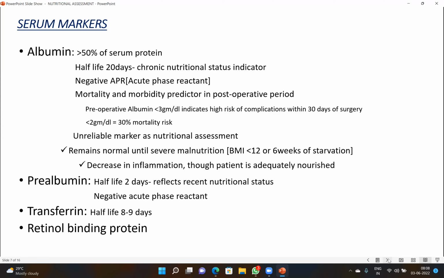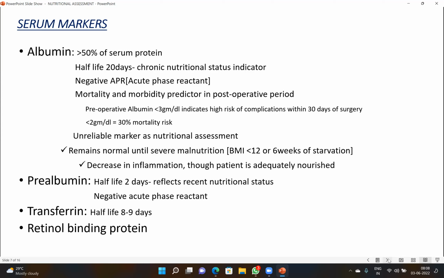It is an unreliable marker for nutritional assessment because it remains normal until there is severe malnutrition, when the BMI drops to less than 12, or after 6 weeks of starvation. Albumin decreases in inflammation even though the patient is adequately nourished, so it cannot be used as a reliable marker.